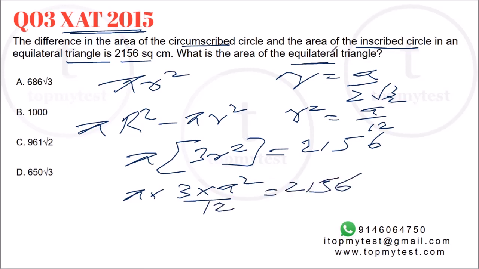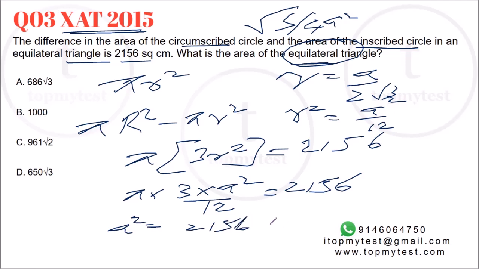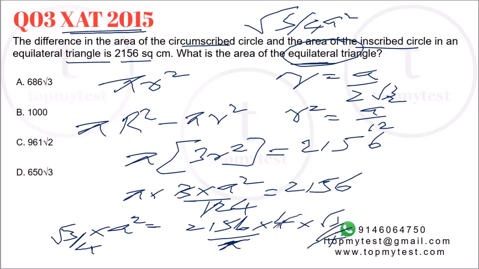What do we need? We need to find the area of the equilateral triangle. What is the area of an equilateral triangle? Root 3 by 4 a square. So we know a square will be equal to 2156 into 4 divided by pi, into root 3 by 4. 4 goes out. Pi will be 22 by 7, divided by 2.